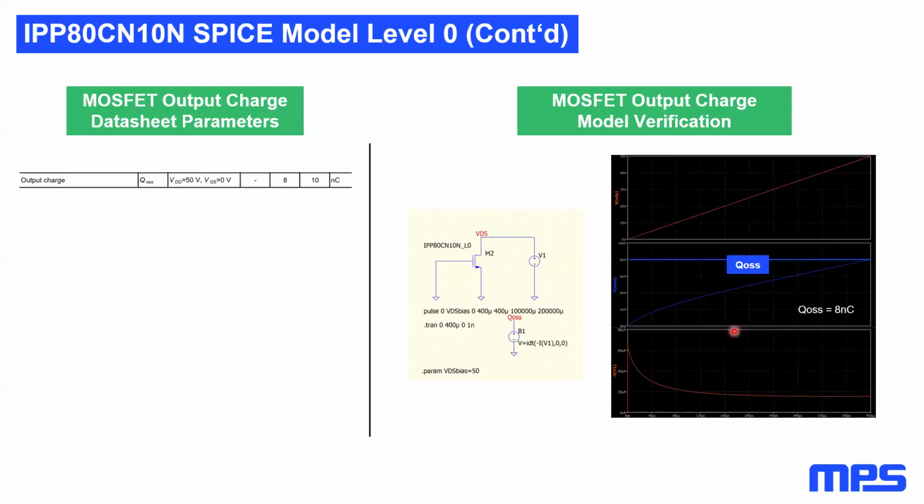And the same thing can be done for the output charge by integrating this time the output current while the drain source voltage ramps up to 50 volts and while the gate source voltage is kept at 0, which again are the conditions specified in the datasheet.